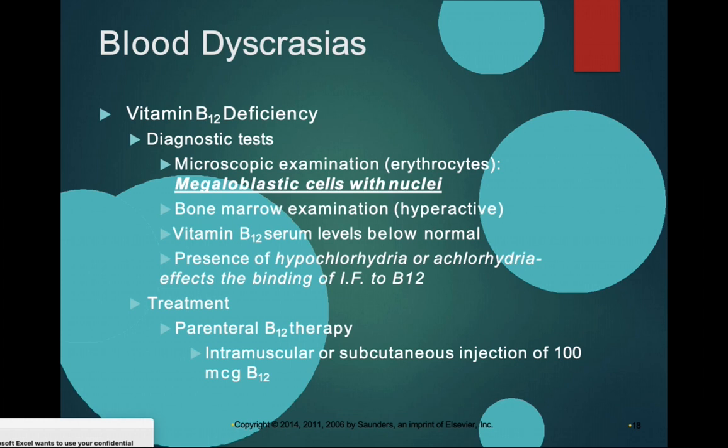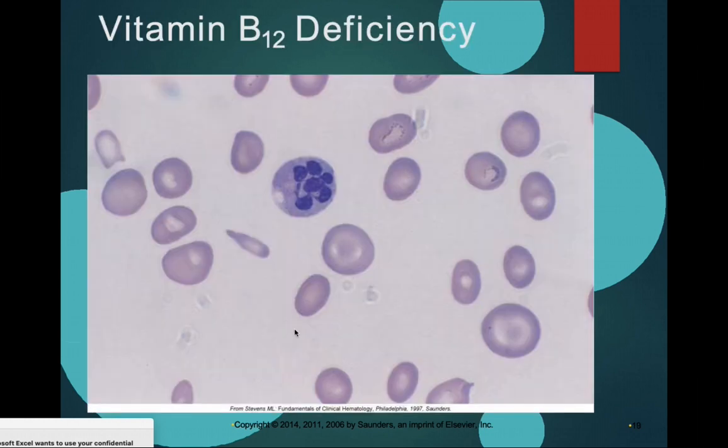I think before you heard me mention how many patients with esophageal reflux or acid reflux self-medicate with many antacids, which will decrease the amount of hydrochloric acid in the stomach. So the treatment here is going to be either the intramuscular or subcutaneous injection of B12, parenteral B12 therapy.